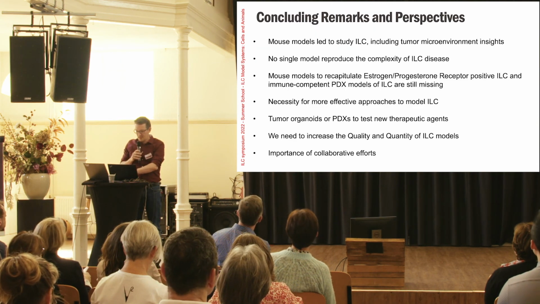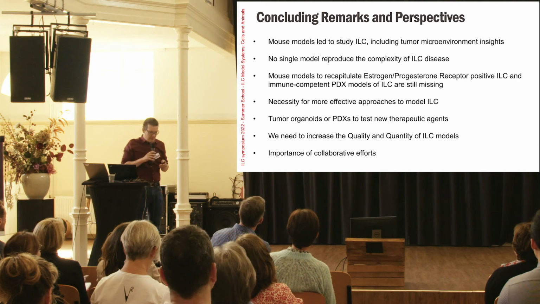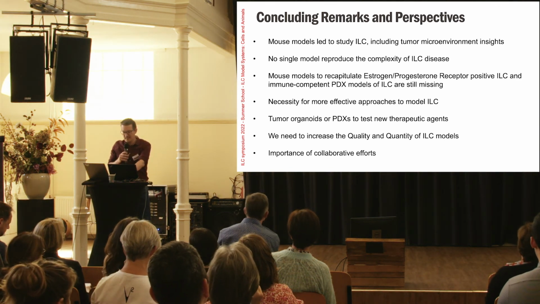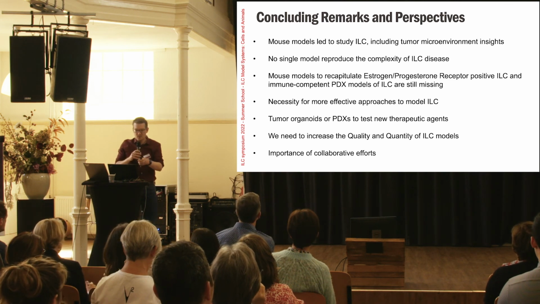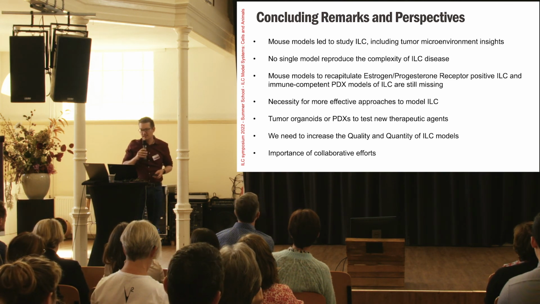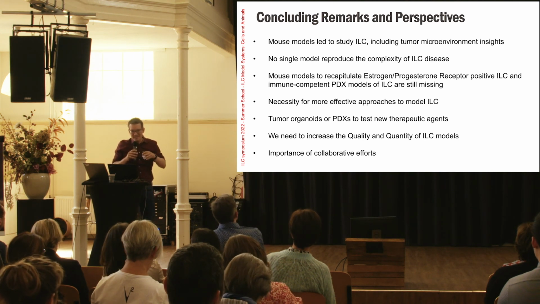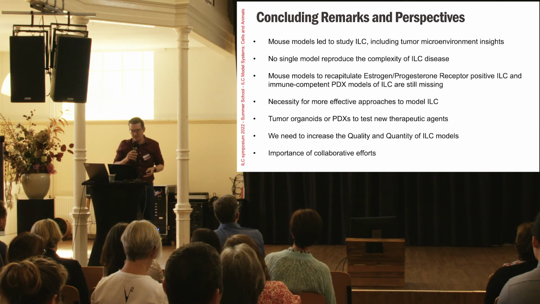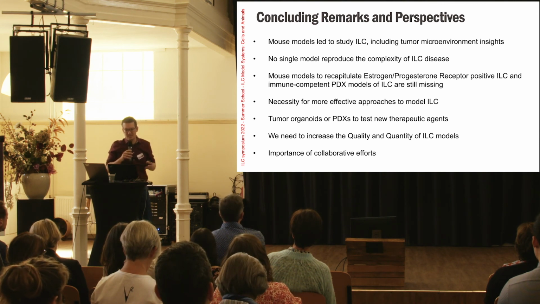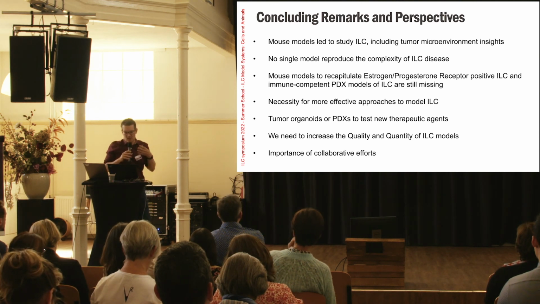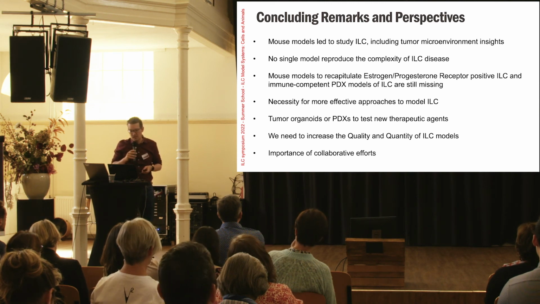So to summarize, we have mouse models that we can use to study ILC, including the microenvironment. There is no single model that can recapitulate the complexity of the disease. We are still missing, and we really need, more models that recapitulate estrogen and progesterone receptor positive ILC, and immunocompetent models that we can combine with engraftment of ILC tumors.